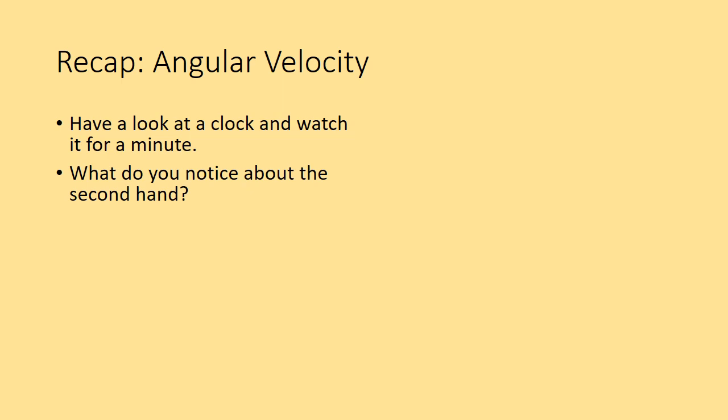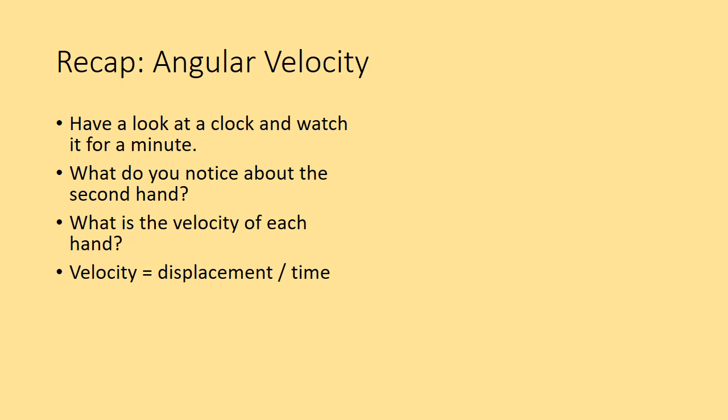Now, how fast were the hands going? What was the velocity of each hand? Remember that velocity is displacement divided by time. When you think about displacement, this is easy to demonstrate to students in a classroom, because when I'm talking about displacement and velocity being vector quantities, I start on one side of my desk and walk around the room, taking an exaggerated weird path.